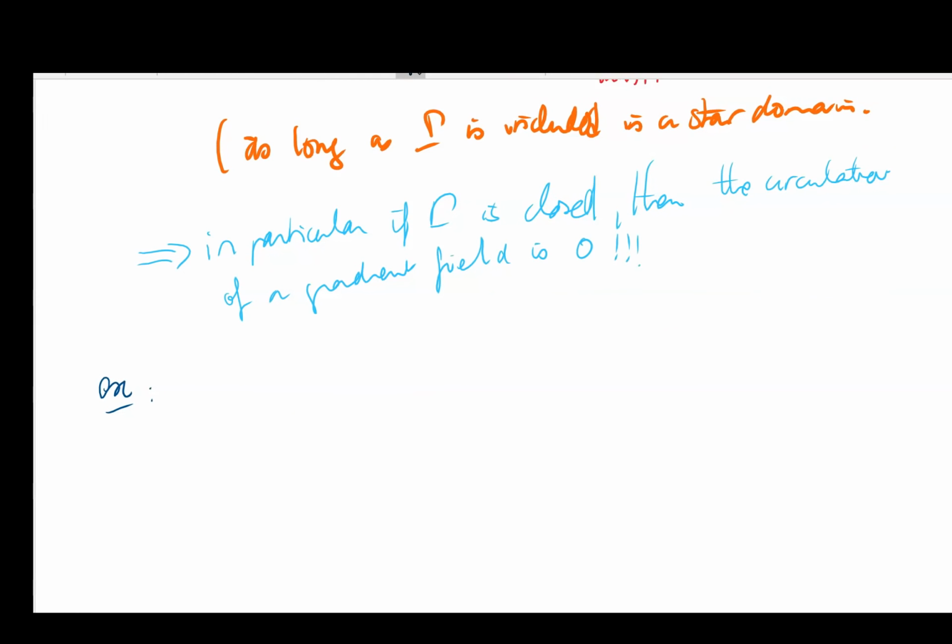You remember this example was v of x,y given by minus y over x² plus y², and x over x² plus y². We said it comes from a scalar potential, but the domain of this vector field is R² star.